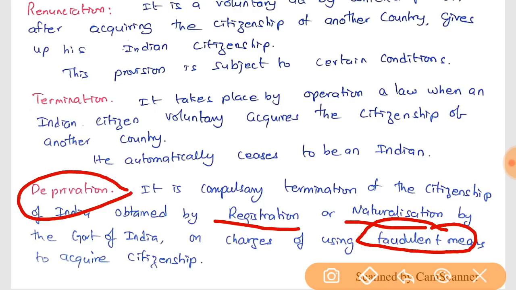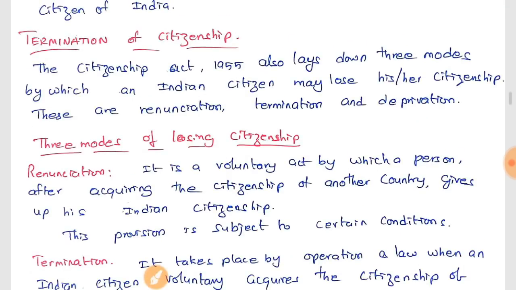So this is how termination of citizenship works, we have seen now, friends.